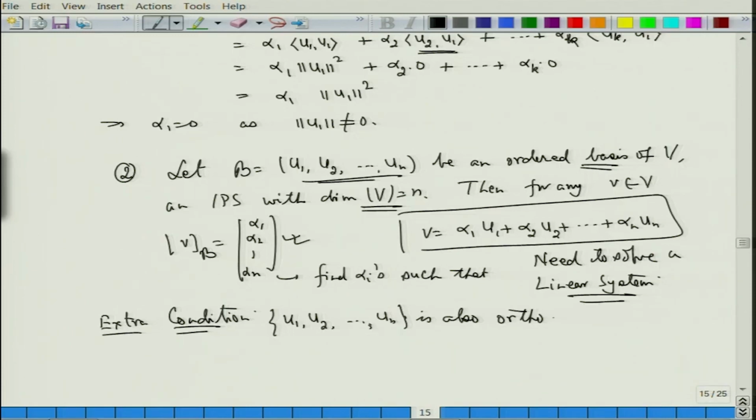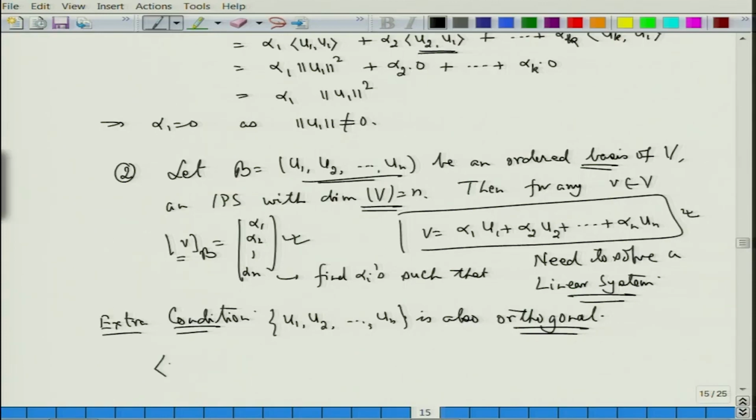If I say it is orthogonal, then things are much simpler. Why? Because if I want to compute, for example, alpha 1, I have been given this v, I know that v looks like this, and that means I have to find the alpha i's.